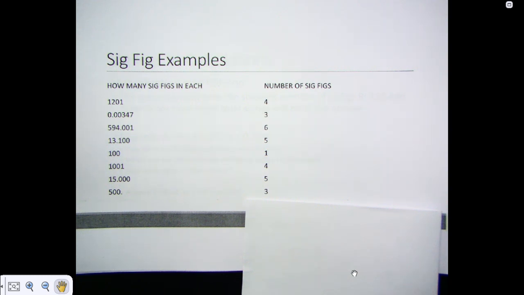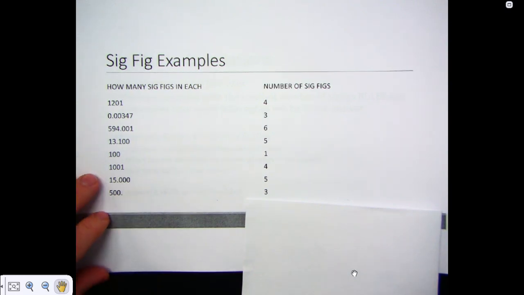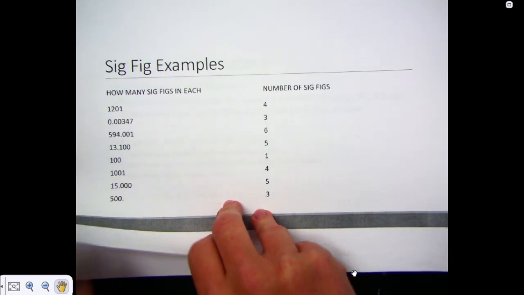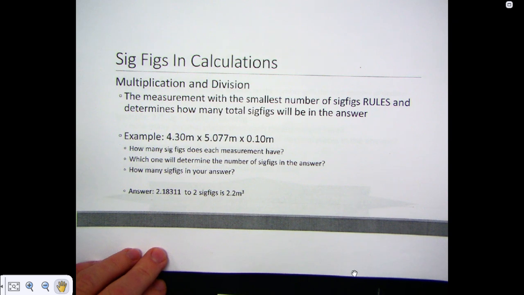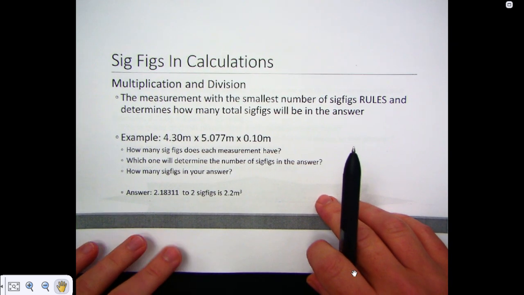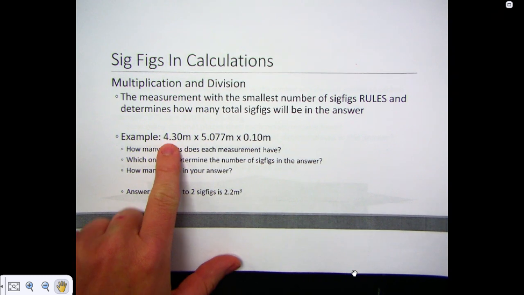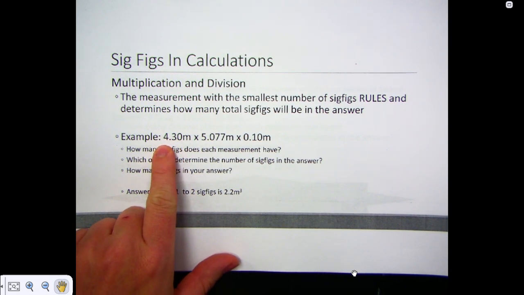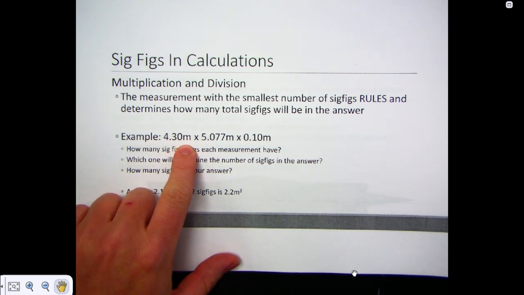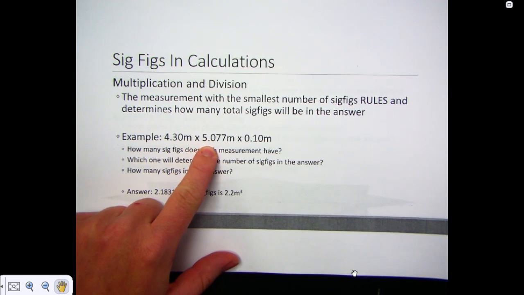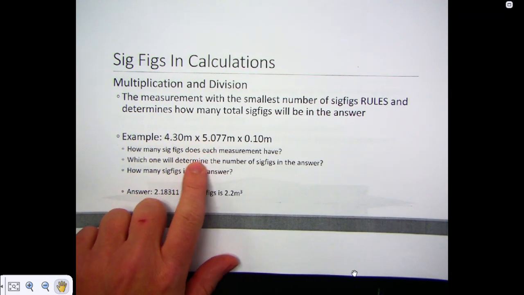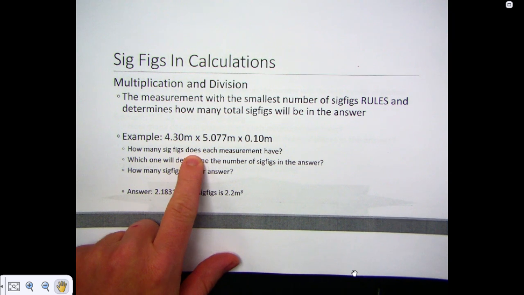All right, so let's go on to the next thing. In calculations, the measurement with the smallest number of SigFigs rules and tells me how many SigFigs I can have in my answer. So, for example, in this problem, 4.30 meters, 5.077 meters, and 0.10 meters. How many SigFigs does each measurement have?